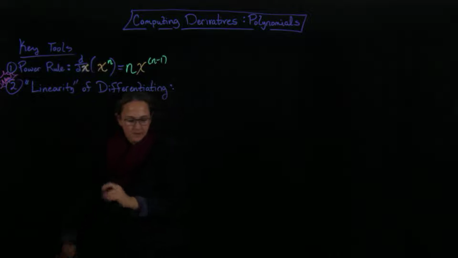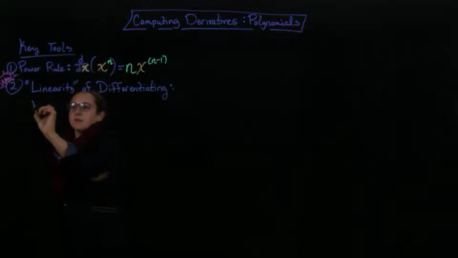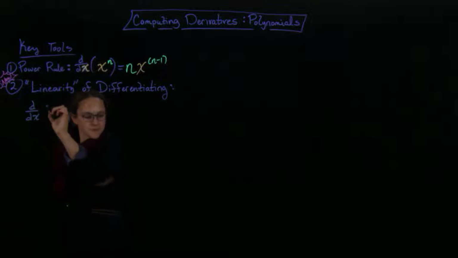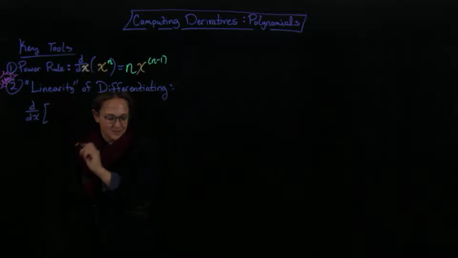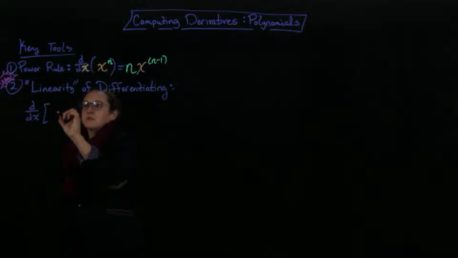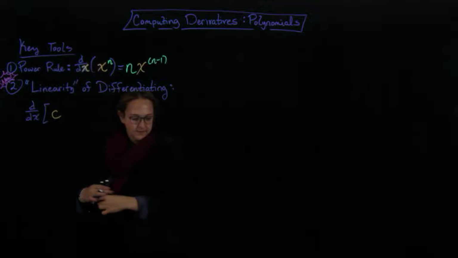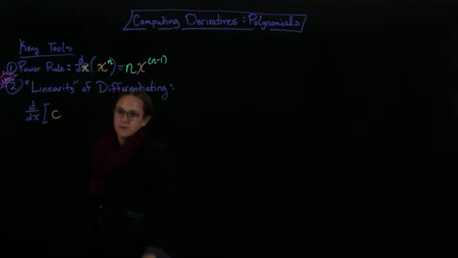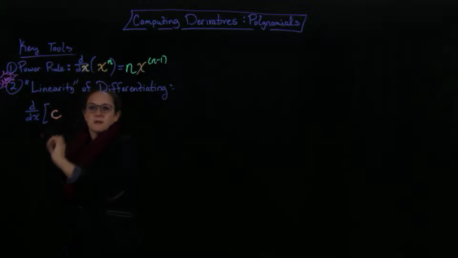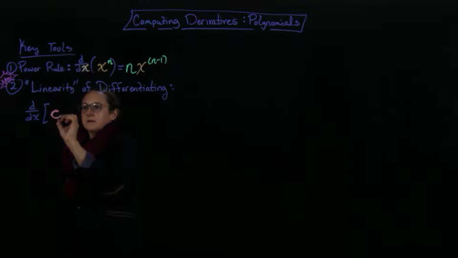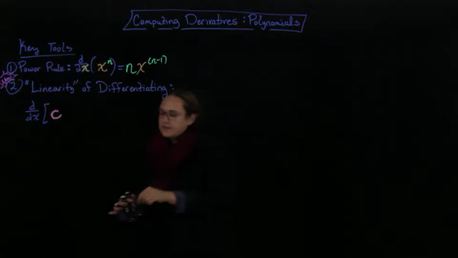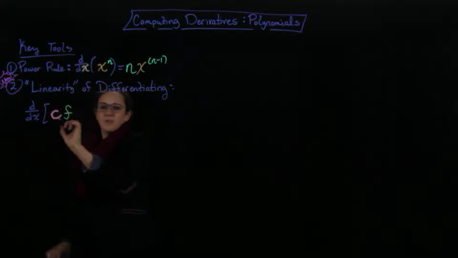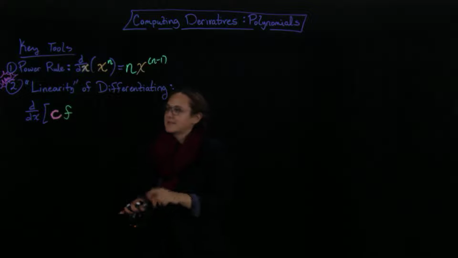The first one is that if I take the derivative with respect to x of just a constant, we've learned that you would get 0. But if the constant is in front of a function, I'm going to switch that from orange to red. So if I take the derivative of the constant multiplied by the function, notice that this has to be a constant.